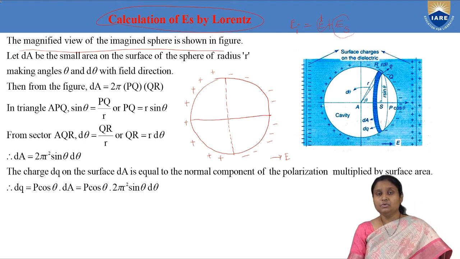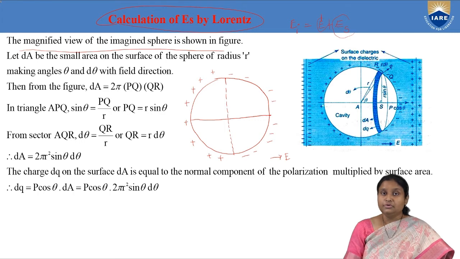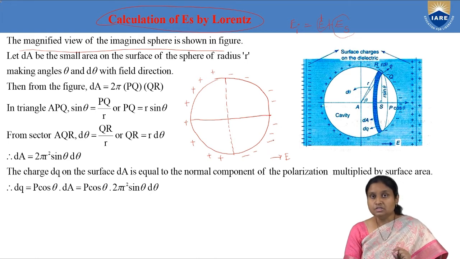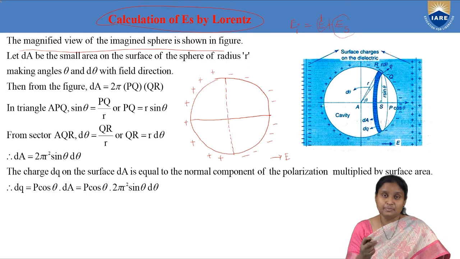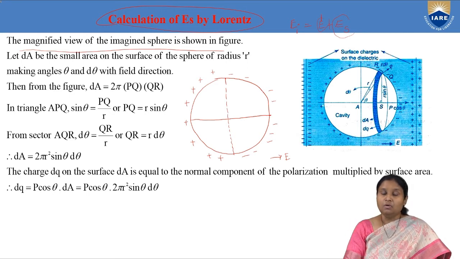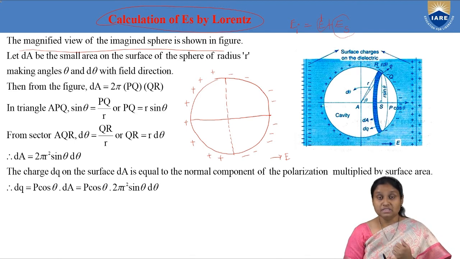Now, how do we find the electric field? First, I'll consider a very small area, or you can say a very small strip, running around the whole sphere, and I'll find its surface area.